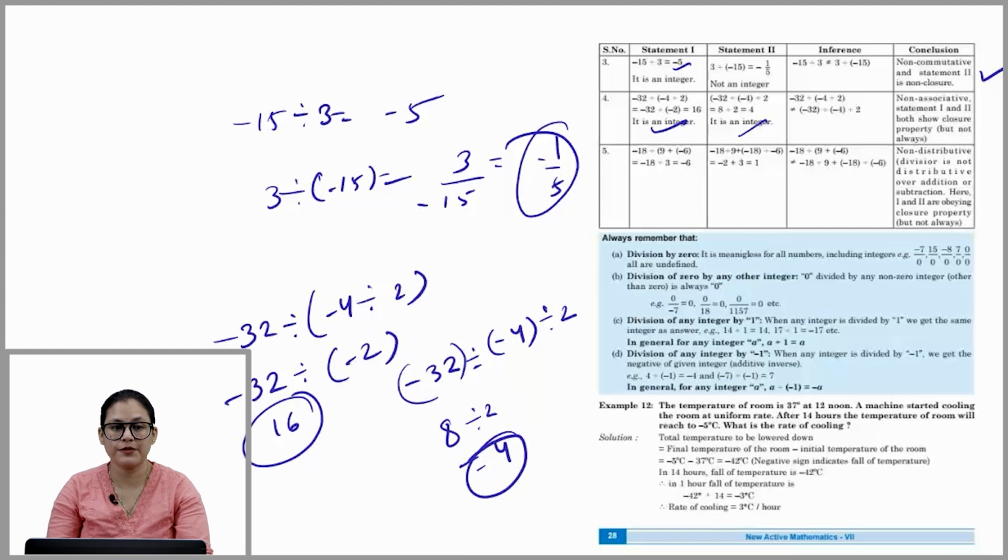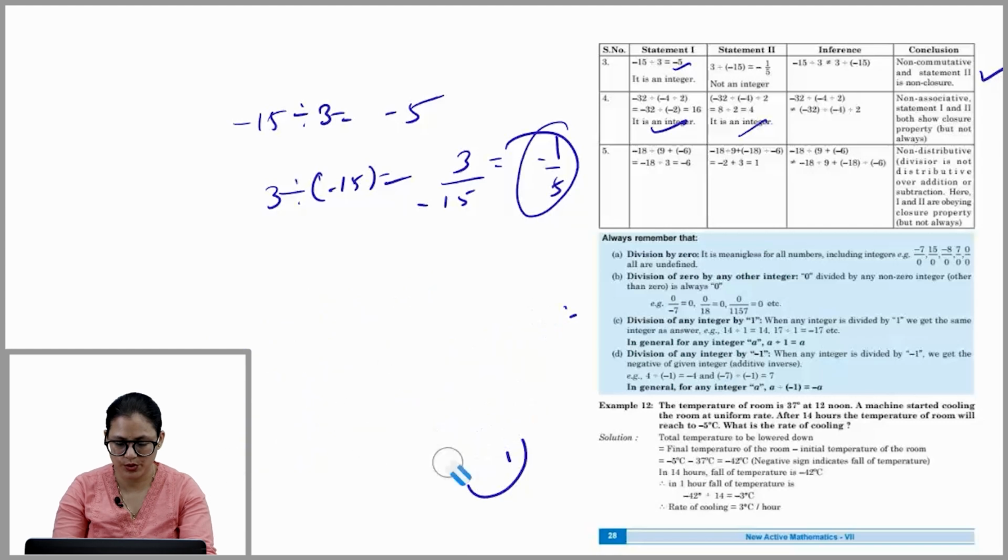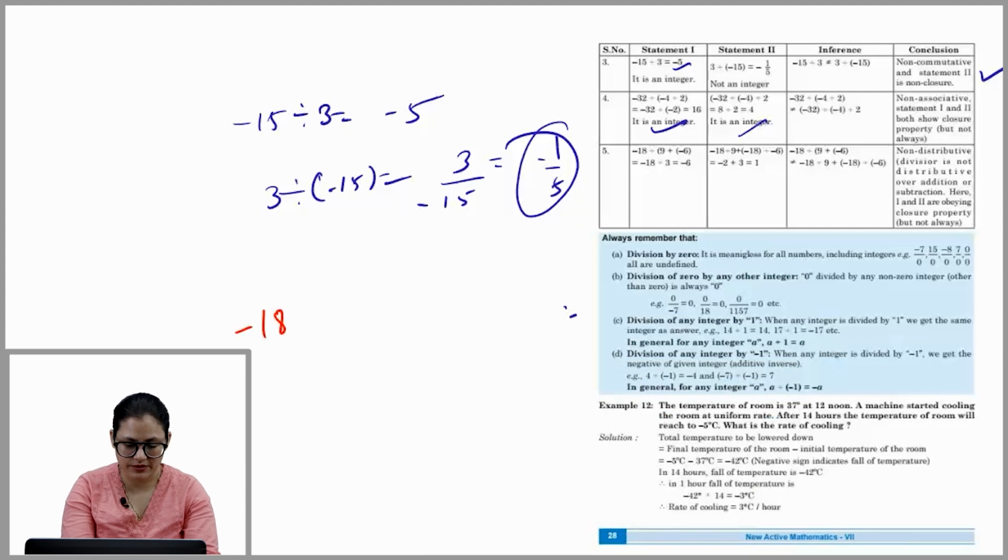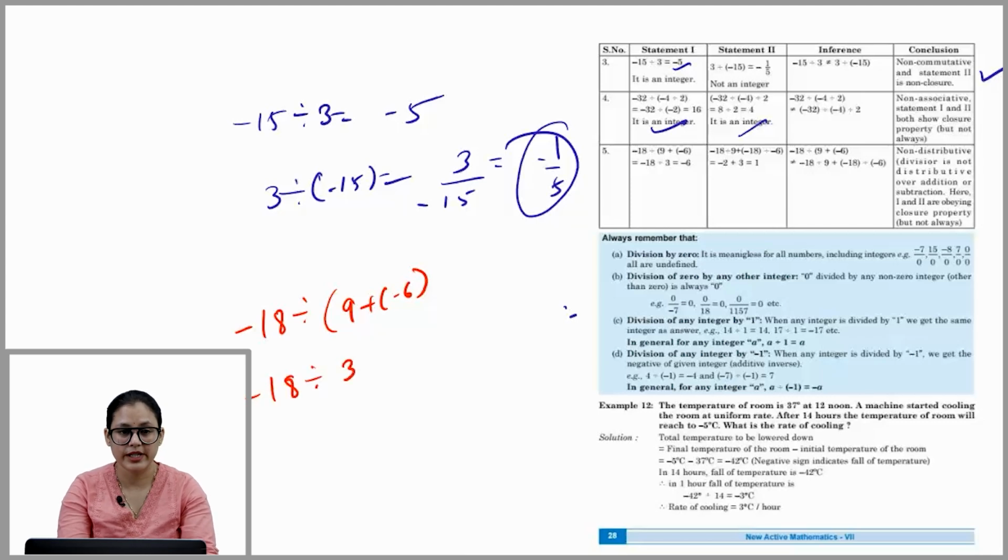Number 5 is minus 18 divided by (9 plus minus 6). Minus 18 divided by 3 gives you minus 6.